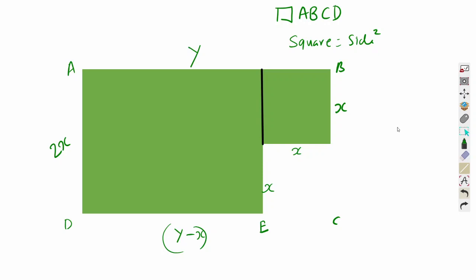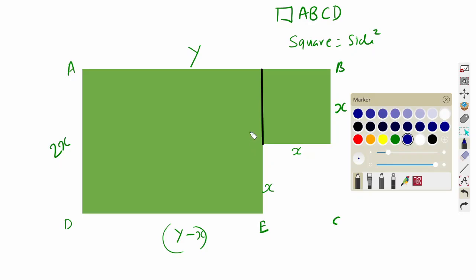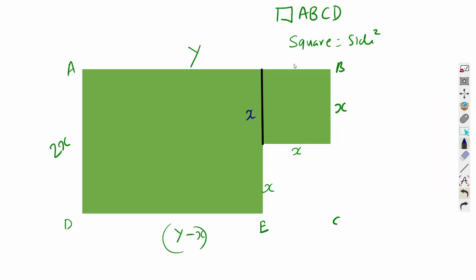Let me mark it as x. I need some other color, otherwise you cannot see that. Let this be x, here also x, right? And let us mark this point as f and g.